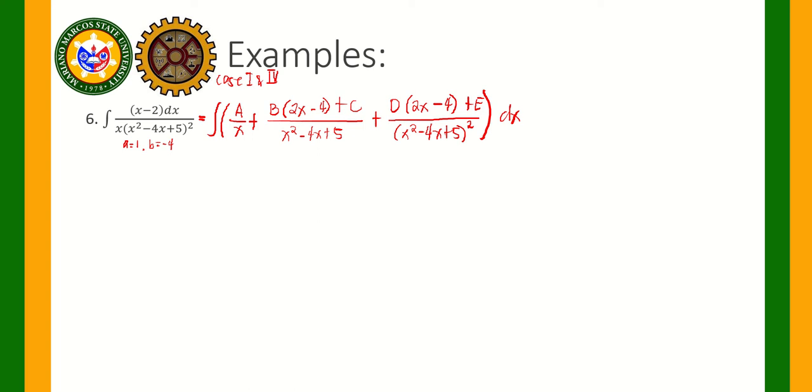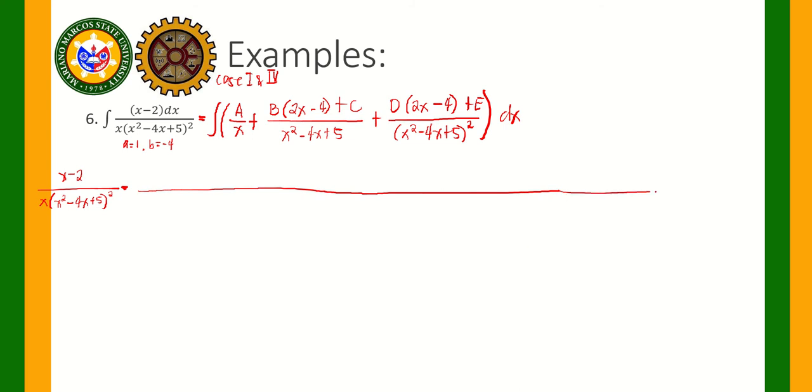Okay. So, this will be equal to x minus 2 all over x times x squared minus 4x plus 5 quantity squared is equal to, okay, so medyo mahaba to. So, LCD niya will be x times x squared minus 4x plus 5 quantity squared.